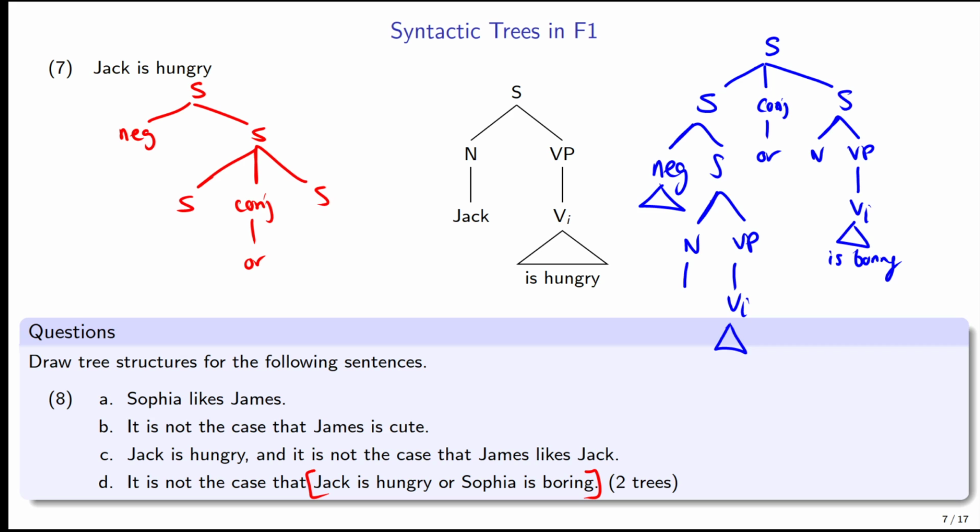So these will be our two S's on the left and the right of the conjunction. The left is going to be an N and VP with VI, which would be Jack is hungry, and we'll see the same structure on the right, which would be Sophia is boring. So we have interpretation number 2 on the left, and we have interpretation number 1 on the right. So two different structures for the same sentence.